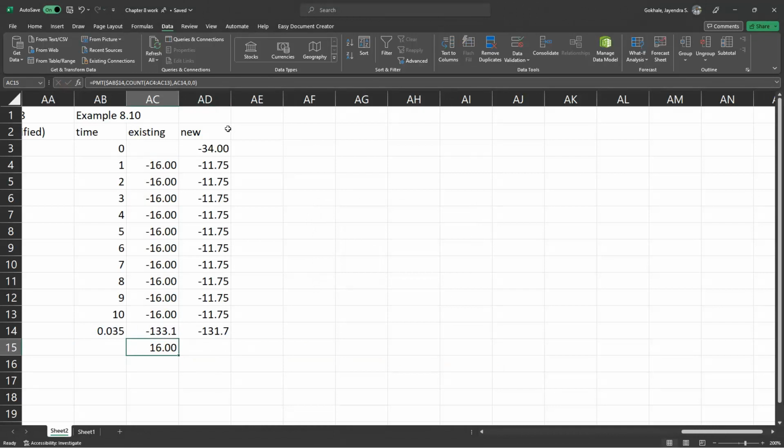So we got a cash outflow for the existing of 16 per year, which corresponds exactly with the $16 million cash outflows that we saw in the maintenance expenses. But in the case of the new, because we have a cash outflow at t equals 0, we will not have 11.75 million, we'll have 15.84.